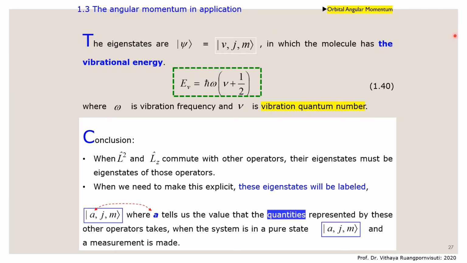We can conclude that when L square and Lz commute with other operators, their eigenstates must be eigenstates of those operators.